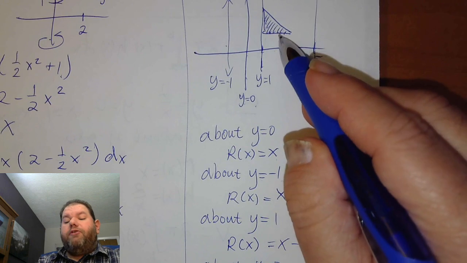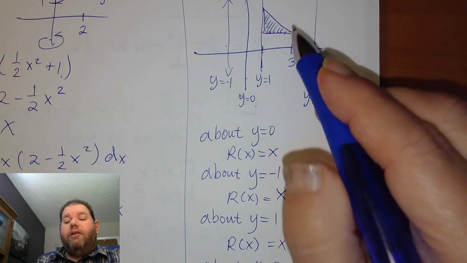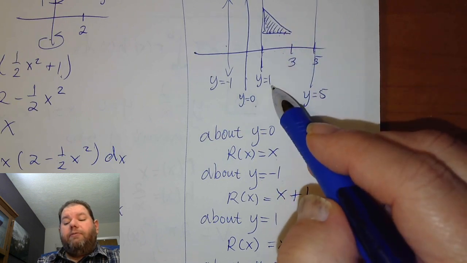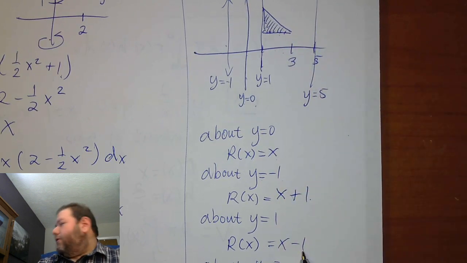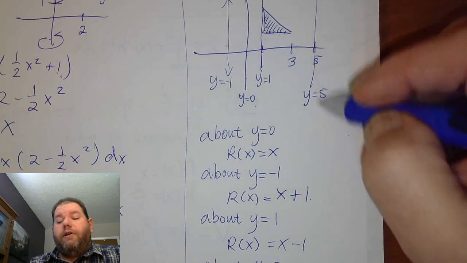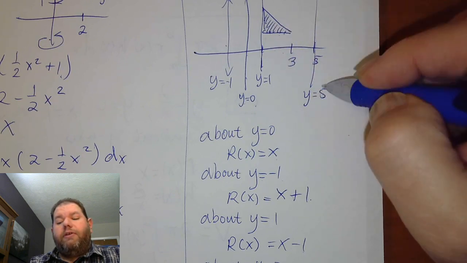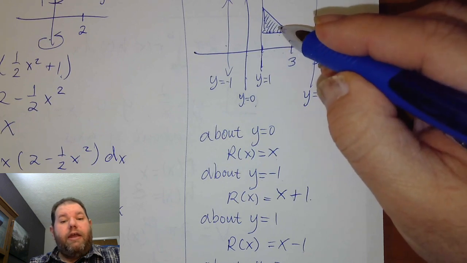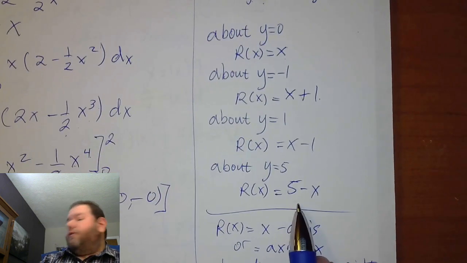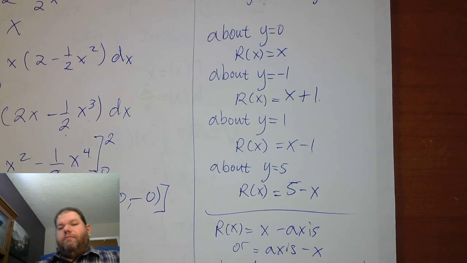If we take this shaded region and revolve it around y equals 1, the shaded region is still on the right, so we would take x minus the axis, which is 1, x minus 1. And finally, if our axis is all the way over here to the right of our shaded region, y equals 5, then we would take this value 5 and subtract x representing the shaded region, so we would get 5 minus x for our radius function. Hopefully that makes a little more sense after that.